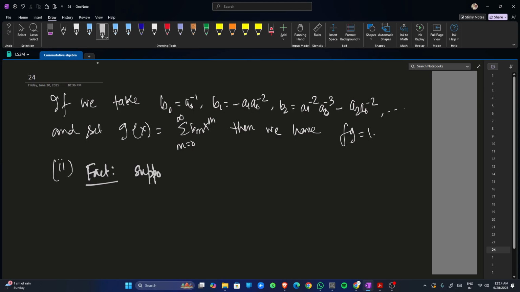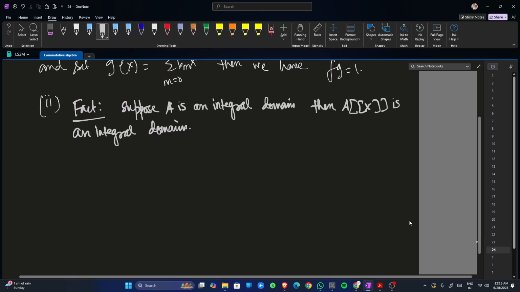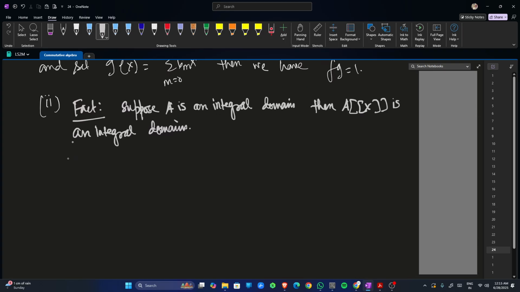Suppose A is an integral domain, then the power series ring is an integral domain. Proof.